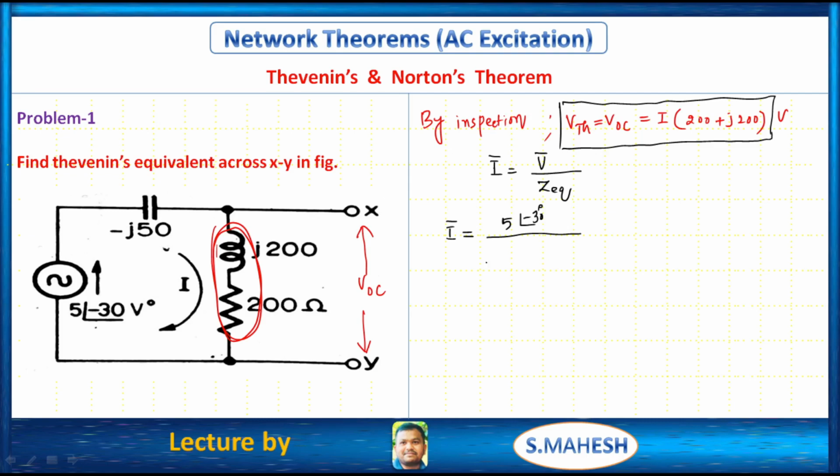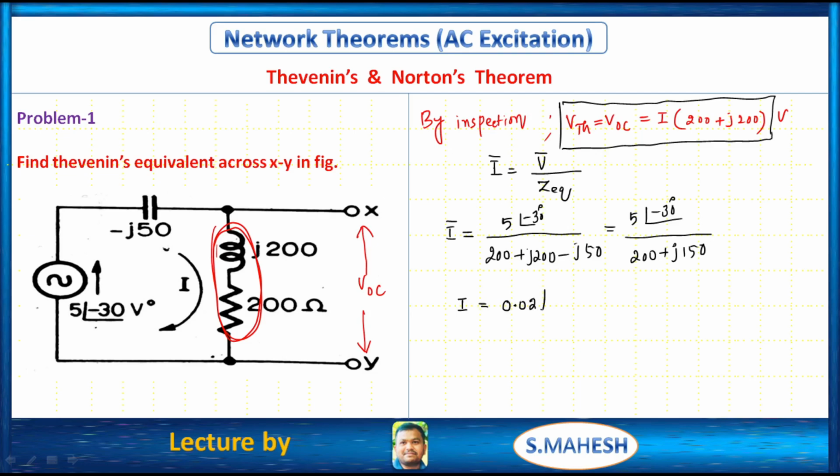So the impedance is 200 plus J200 minus J50, which gives I equal to 5 at an angle minus 30 divided by 200 plus J150.